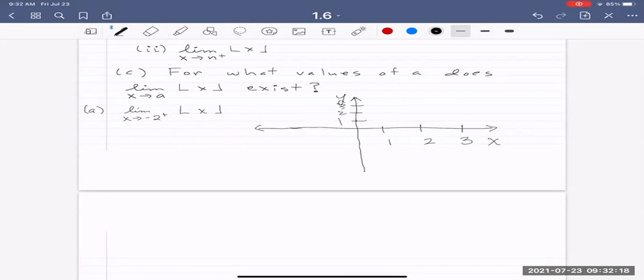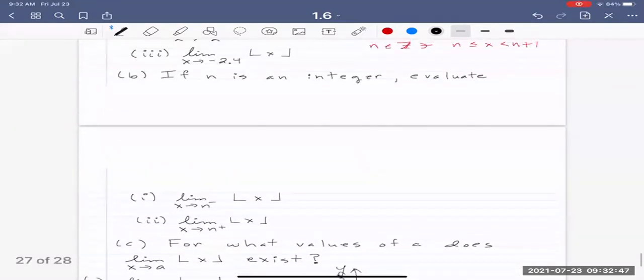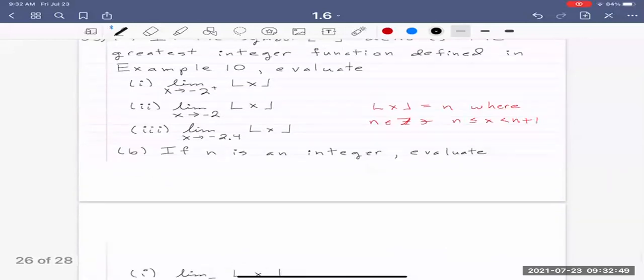Okay. -1, -2, -3. Okay, so now let's try to sketch the graph of this. So now notice that, well, let's see. If I take any number, maybe I will, again, remind you of this definition here.